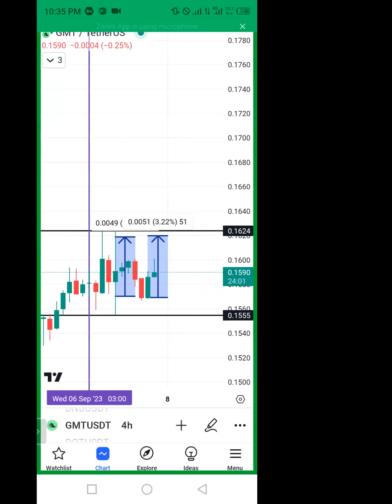We still have 23 minutes and 56 seconds. They are still going up. Another candle is going to start, and it will reach there because this is a double bottom.